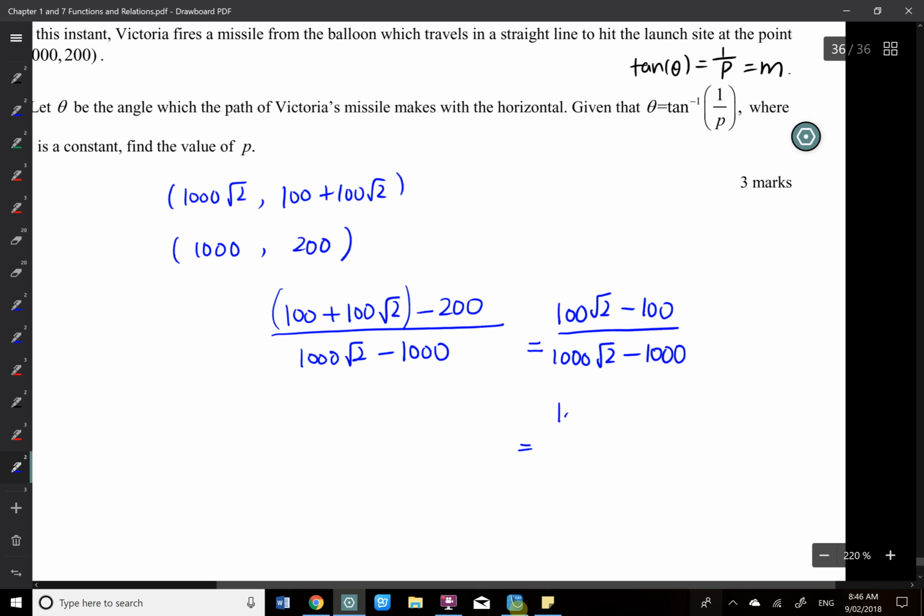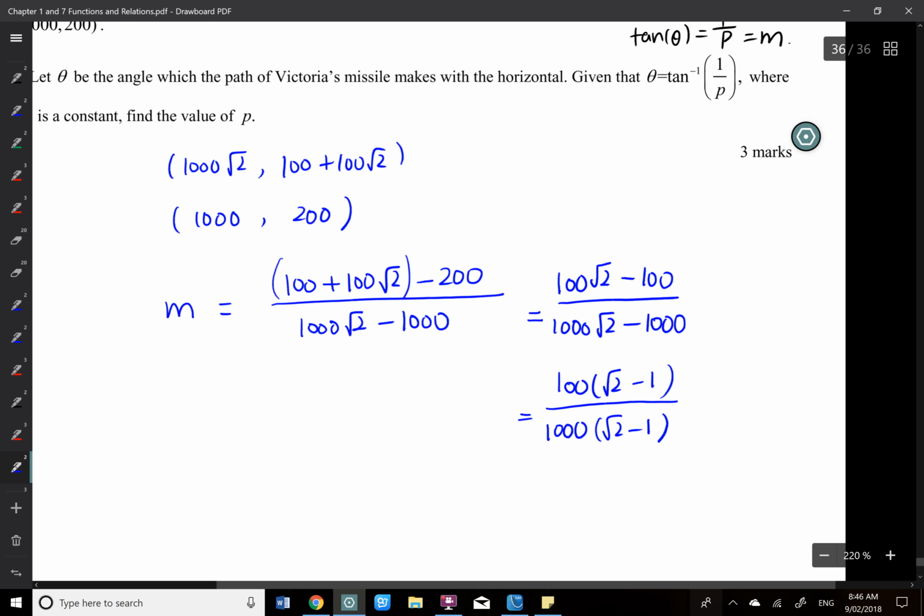We can take 100 as a common factor, that's root 2 minus 1, and I can take 1,000 as the common factor. That's the gradient between those two points, so that equals root 2 minus 1 over root 2 minus 1. Those two can get cancelled, and what we have is 1 over 10.